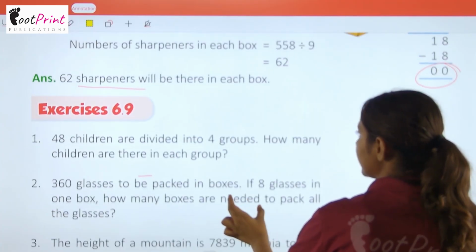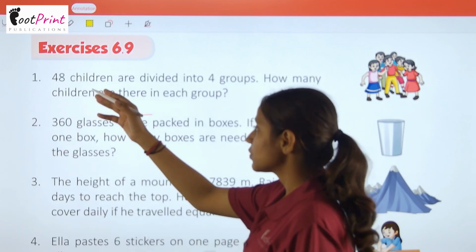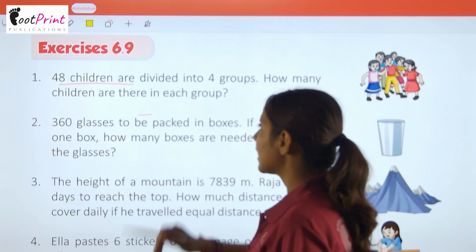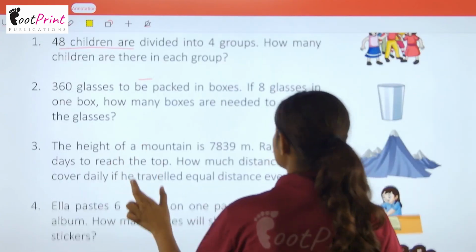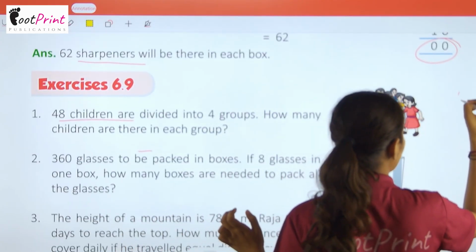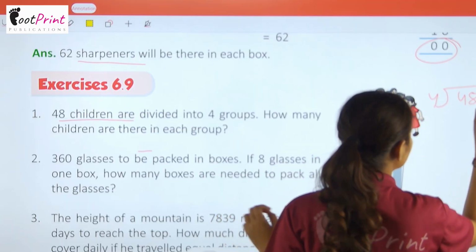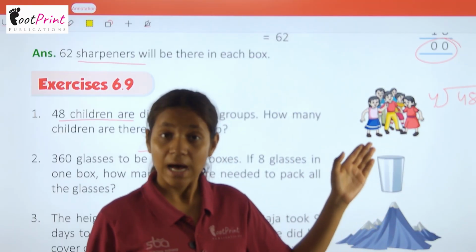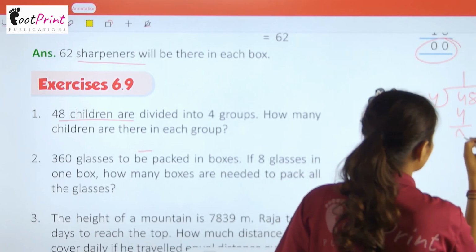Similarly, we can do this exercise. Exercise 6.9. The first question is saying 48 children are divided into 4 groups. How many children are there in each group? Simply what we have to do here, write 48 here and the divisor here. 4 comes in the table of 4 at the ones place. So 4 ones are 4. Remainder is 0.